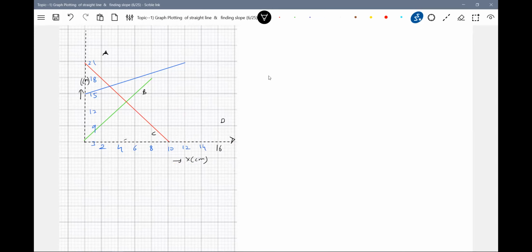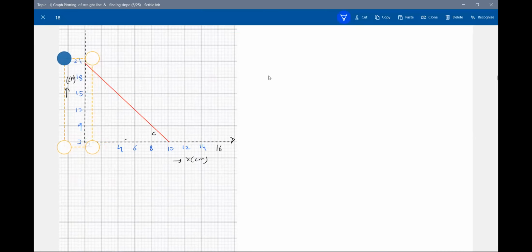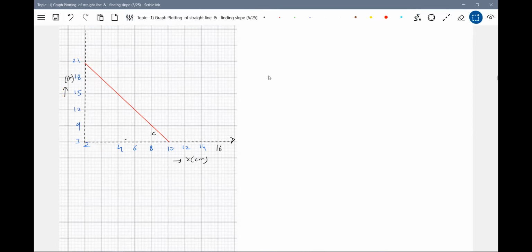A, B. Okay, this D, A, B. Only C will be there. Now, those who know all these things can directly go for the next topic. There's no rule that you must compulsorily watch all these things. This is straight line C. Now we have to generate the equation.